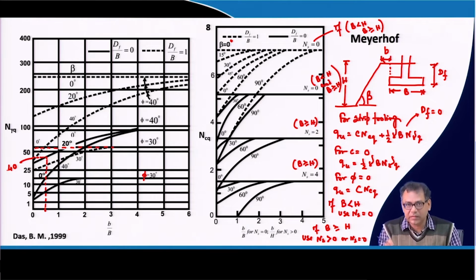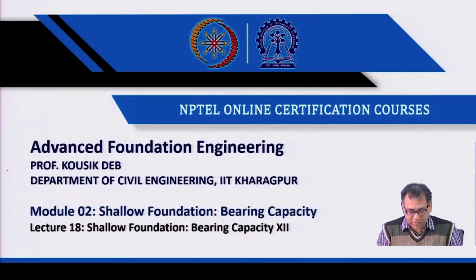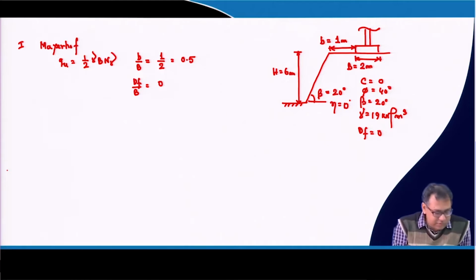If it is a cohesive slope, then you have to use this chart. Okay. Remember that. And as I mentioned, if your width is greater than or less than or equal to the height of the slope, then how you can use this chart, these I have already discussed. So, now these values are for Df equal to 0.